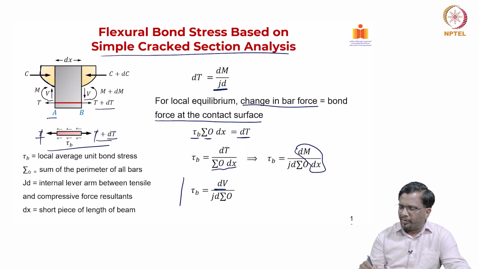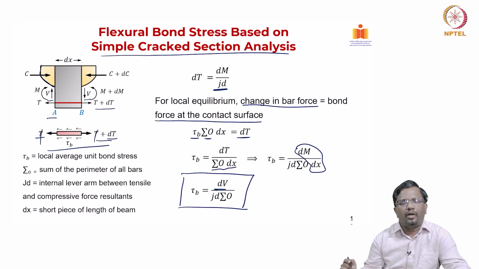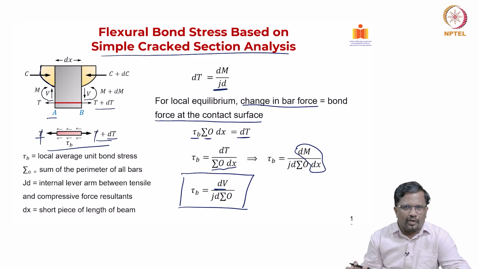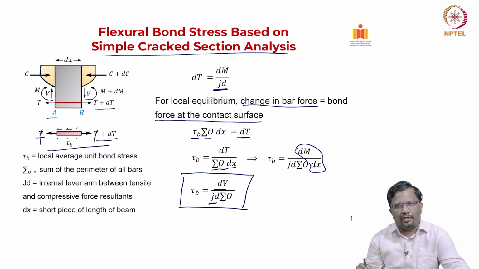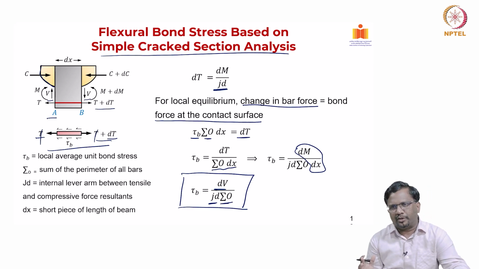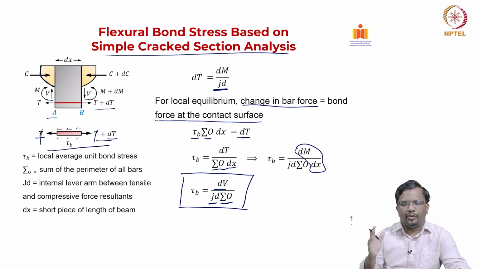This is the expression for your flexural bond stress. The first case we did was for an uncracked section, and this is for a cracked section. Again, it is a function of the shear acting in the cross section, times here the lever arm jd also comes in, and then the perimeter. This is for one particular cross section, so per unit length you can see.